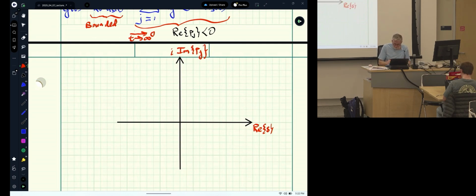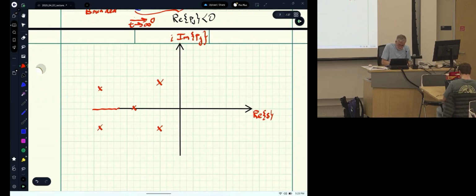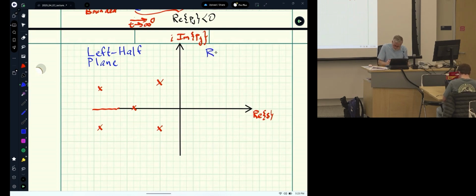And so the real part of the roots being negative, and they always have to occur in complex conjugate pairs if the system is real. This is called the left half plane. Why? Because it's on the left side of the imaginary axis, and this is called the right half plane.